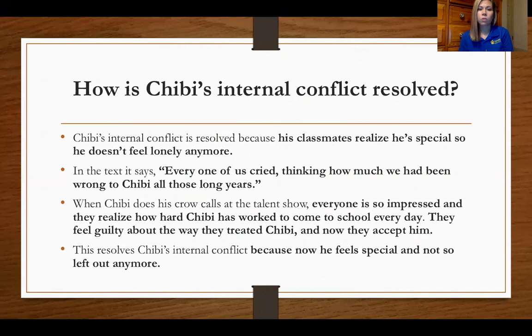When Chibi does his crow calls at the talent show, everyone is so impressed and they realize how hard Chibi worked to come to school every day. They also felt guilty about how they treated Chibi all those years, and now they accept him. This resolves Chibi's internal conflict because now he feels special and not so left out or alone.